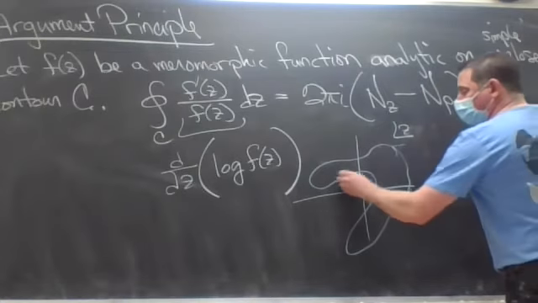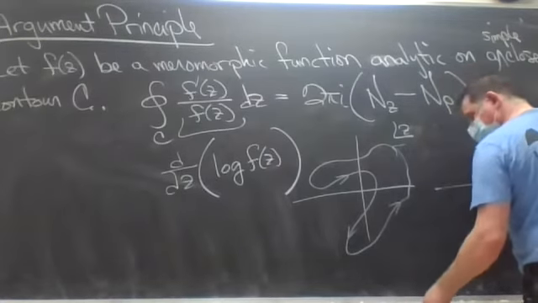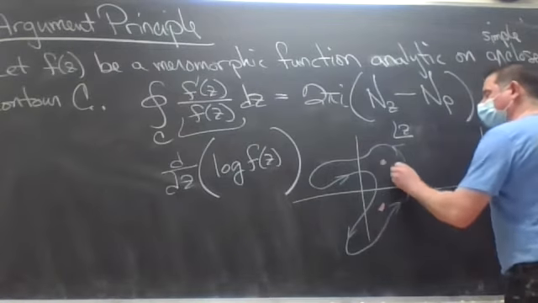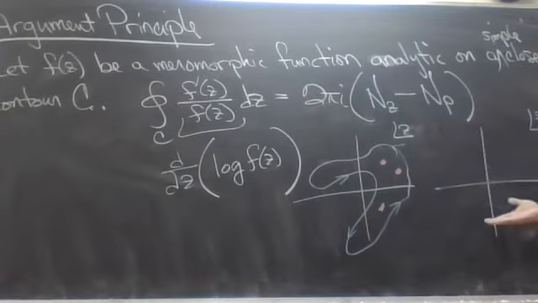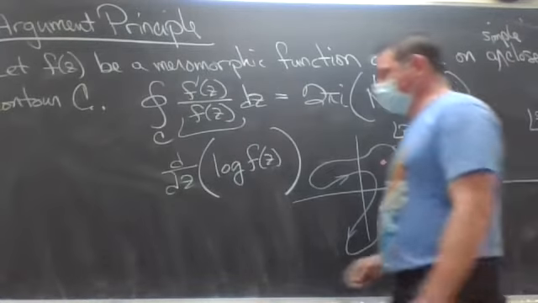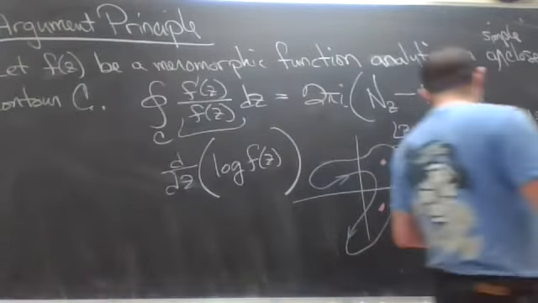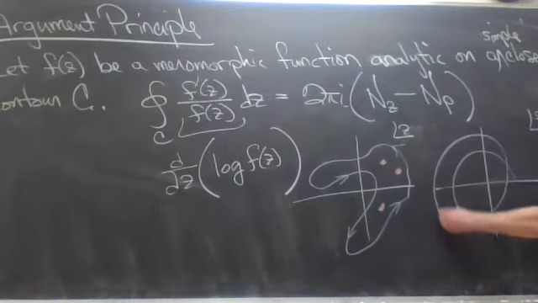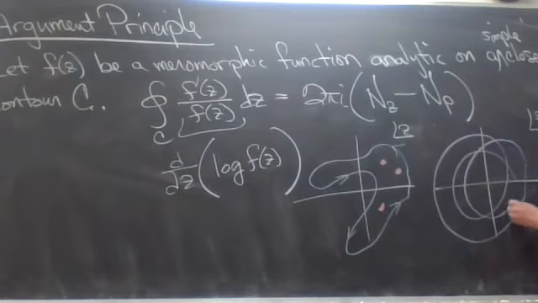And maybe I've got some zeros. What that means is that in the f of z plane, I'm going to go around 0. All right. So I started here and I went around 0.